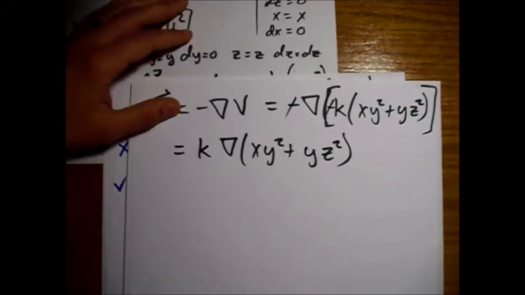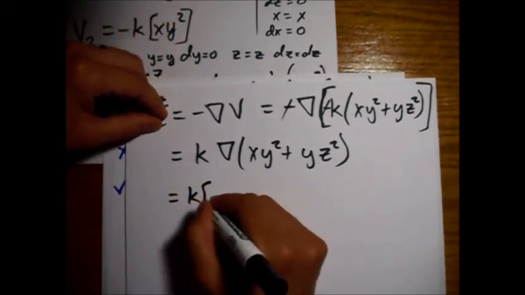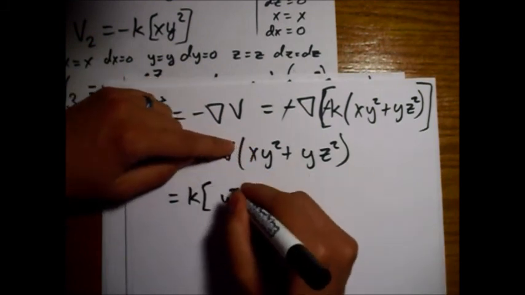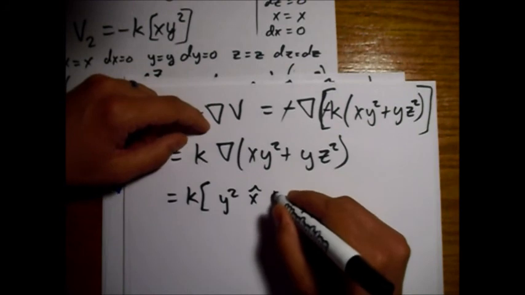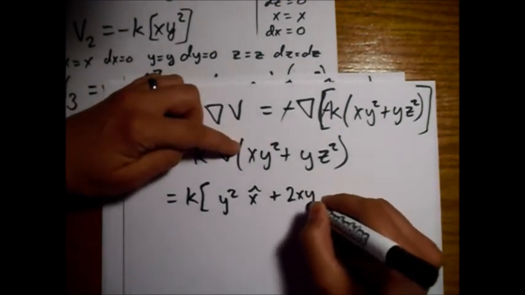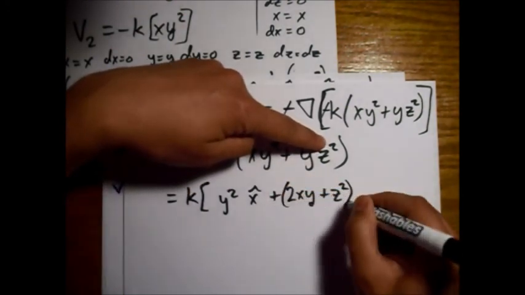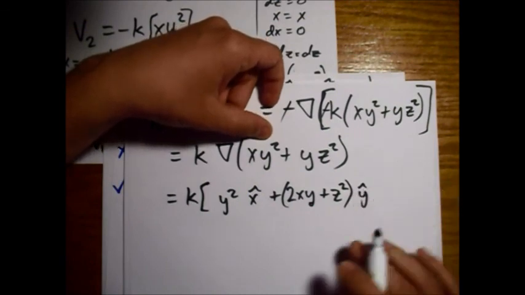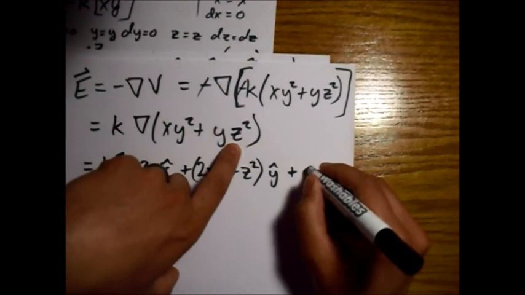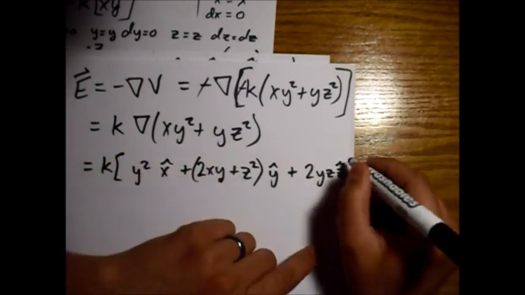All right, so let's do it. k comes out in front. We take the derivative with respect to x, which is just y squared in the x hat direction. Now we take the derivative with respect to y, so we get a 2xy plus z squared in the y hat direction. Now we take the derivative with respect to z, so we just get a 2yz in the z hat direction.